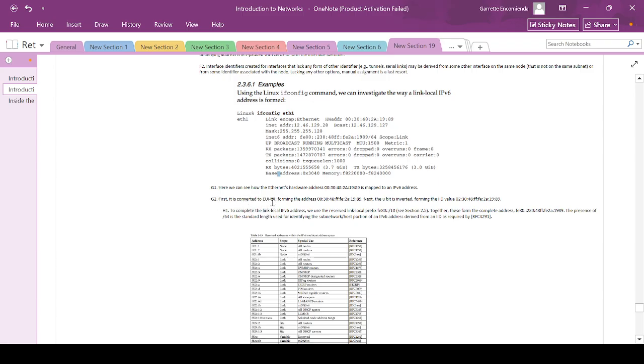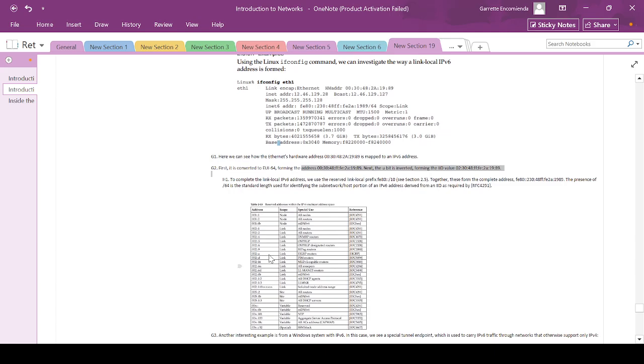First, it is converted to EUI-64, forming the address 003048 FF FE 2A1989.